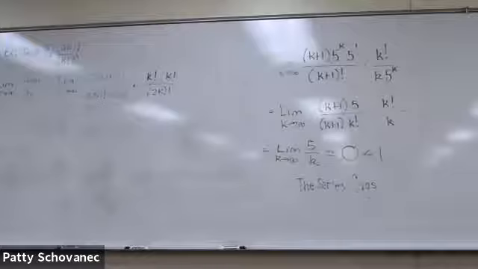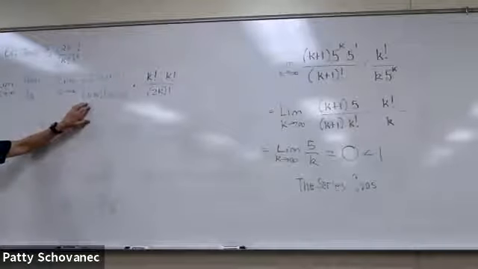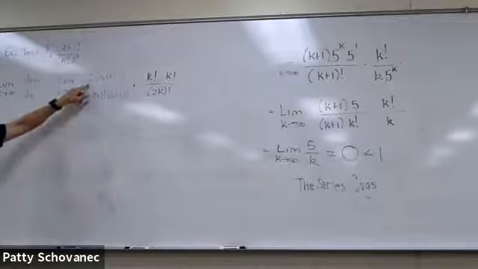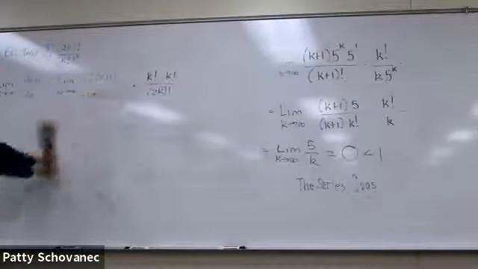I wrote it like that because remember how the k plus 1 factorial and the k factorial cancel. K plus 1 factorial is k plus 1 times k factorial. I'll go ahead in this problem put that step in, in subsequent problems I won't. I'm going to go ahead and simplify this and write this as 2k plus 2 factorial.